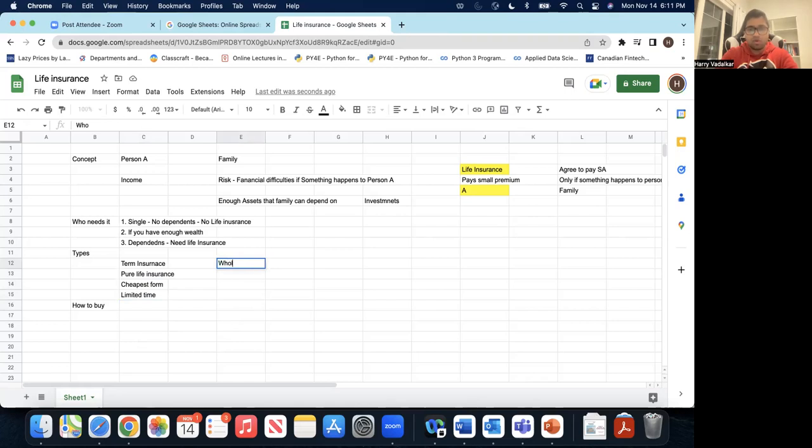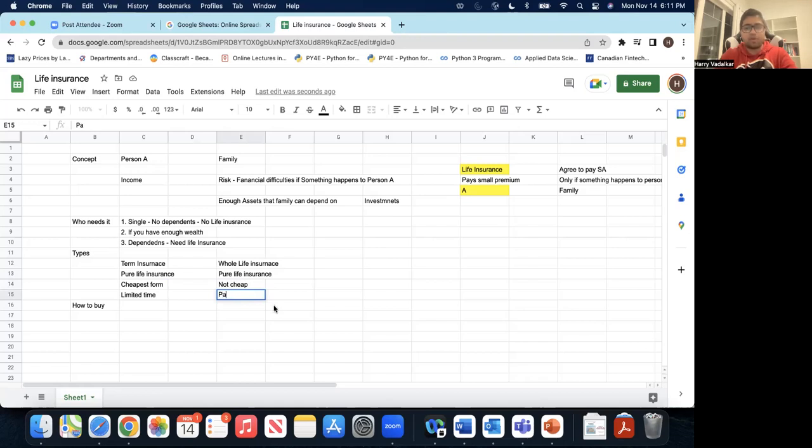Then there is whole life insurance, also called permanent insurance. This is a pure form of insurance again. It's not cheap because it covers your whole life and it pays the sum assured.